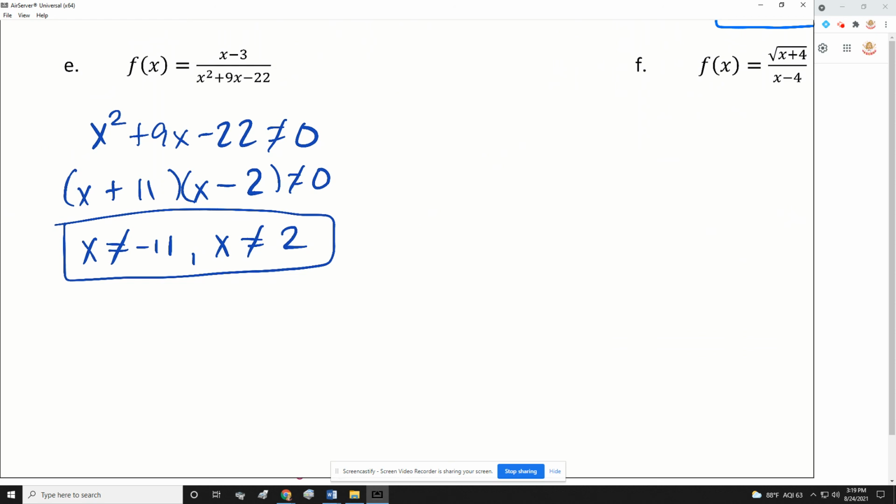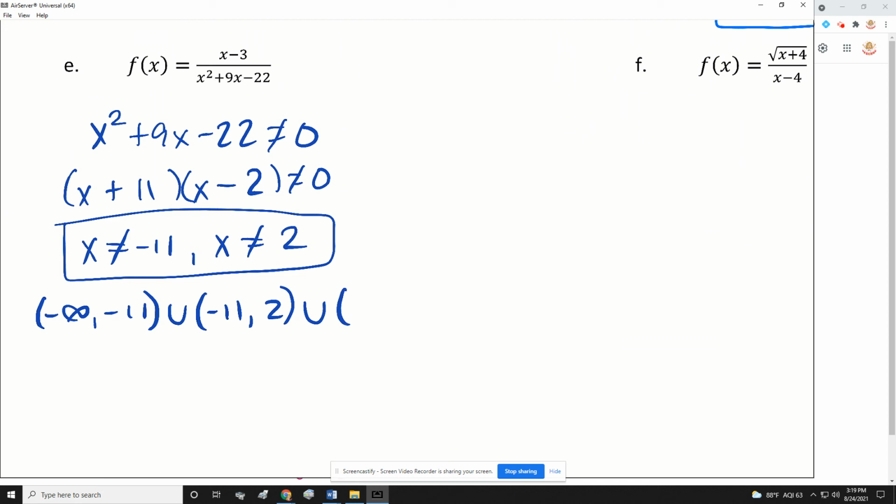Now this gets a little interesting to write in interval notation, but we can do it. All right, so we are going to start at negative infinity, and we're going to go all the way to negative 11, but we're not going to include it, so we do parentheses. And then we're going to pick back up with negative 11, but not include it. And then we're going to go all the way to 2, but not include it.